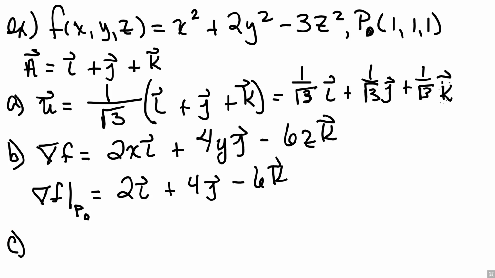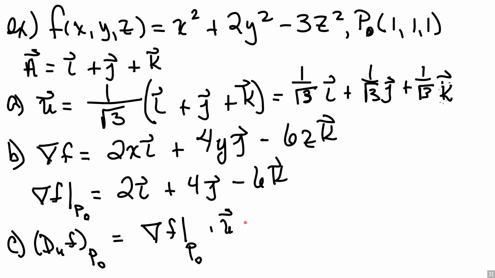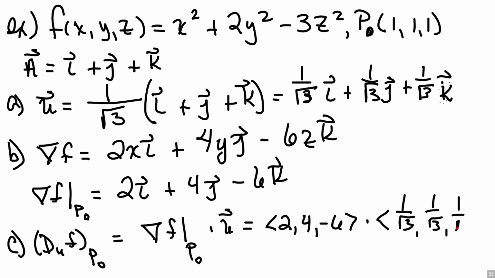All right, and then part C, we're going to do the directional derivative at the point 1, 1, 1. So that means we're going to do the gradient at that point dotted with the unit vector. So we're going to have 2, 4, negative 6 dotted with 1 over square root of 3, 1 over square root of 3, 1 over square root of 3.